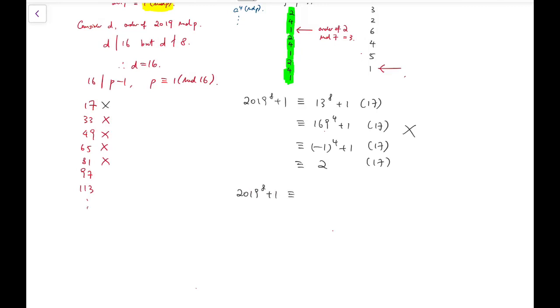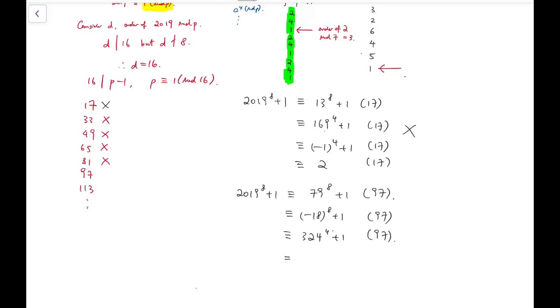When we do 97, we will have 79 to the power 8 plus 1 mod 97, and if we rewrite it, we can write it as minus 18 to the power 8 plus 1 mod 97, and it becomes 324 to the power 4 plus 1, mod 97 again.